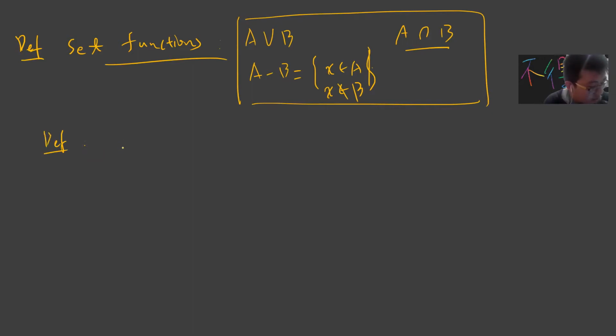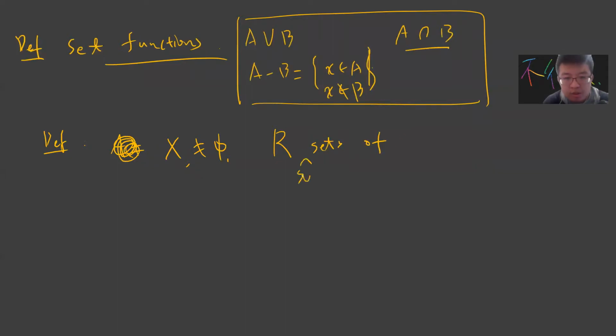So let's say we have a family of sets. Let's say we have a set X, which is non-empty. And then let's say we have a family R, which is a subset of the power set of X, 2 to the X, is called a ring.